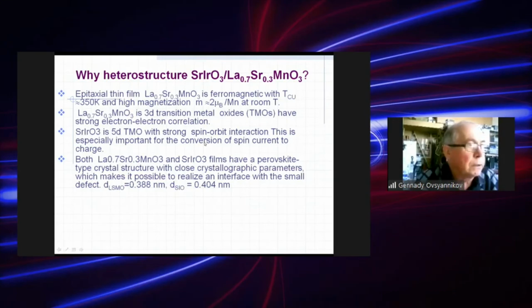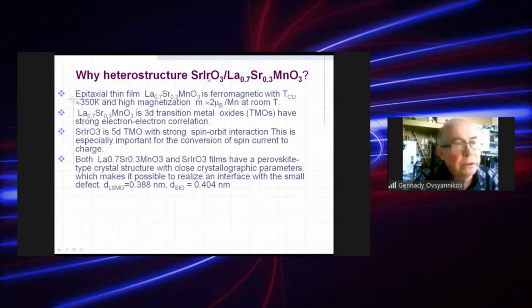In our investigation, we focused on a heterostructure consisting of two materials, which we believe is a very interesting structure for generating pure spin current and detecting it using the inverse spin Hall effect. Why did we select this composition of manganite and iridate?